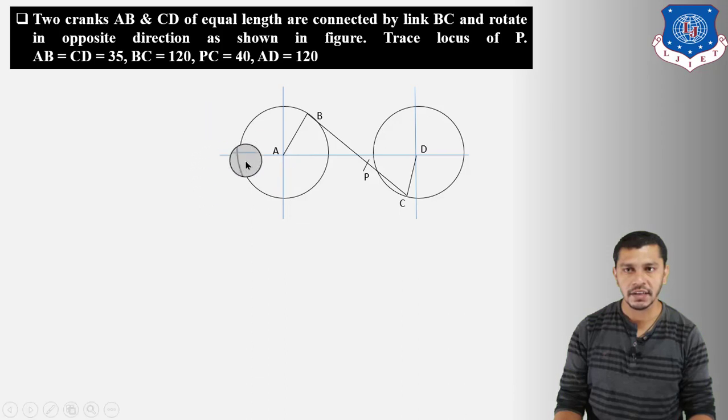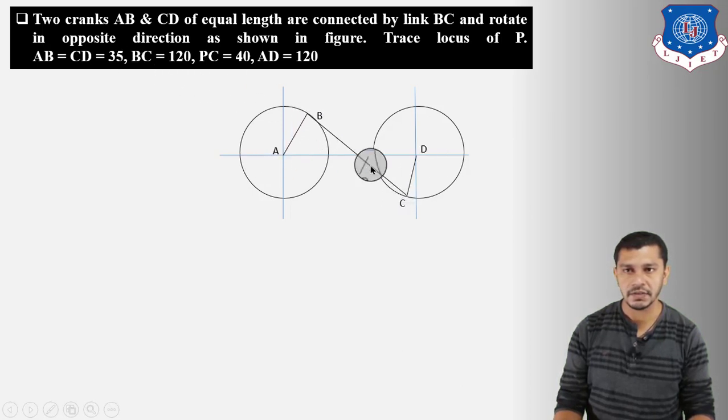And both cranks AB and CD are rotating in the opposite direction. So if AB rotates in the clockwise direction, then CD will rotate in the anti-clockwise direction. And we have to find out the locus of point P, which is on the connecting link BC. The length of AB and CD is 35 mm.